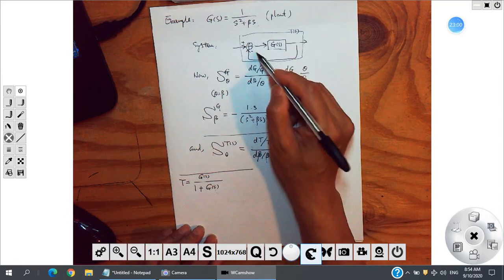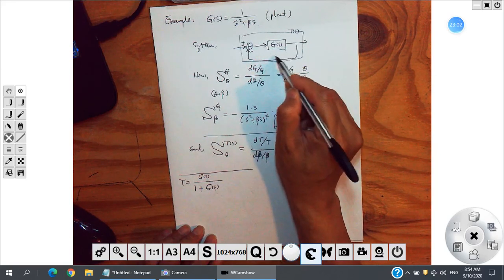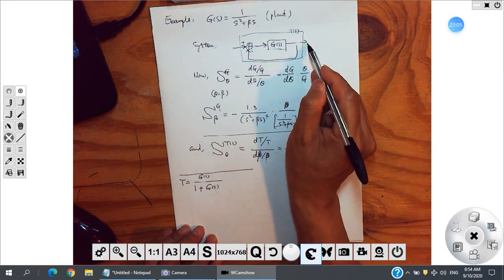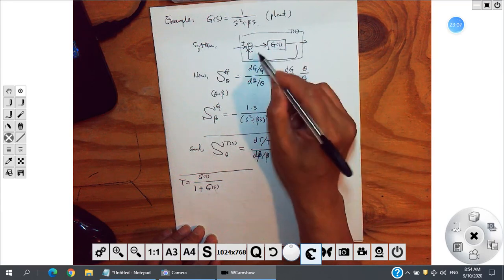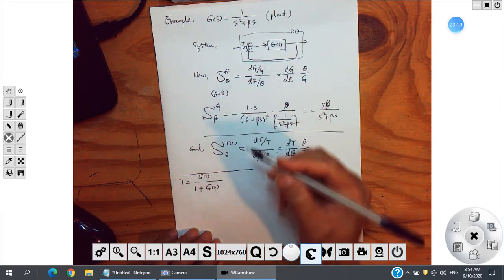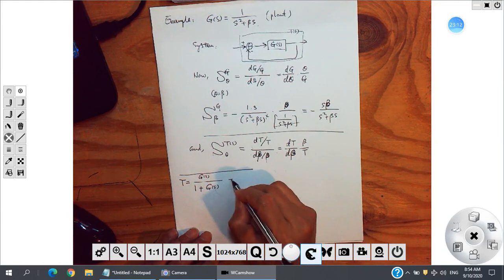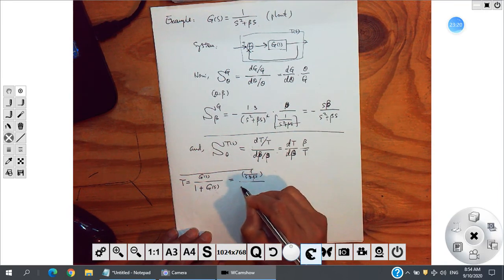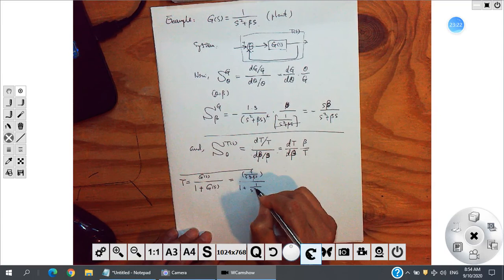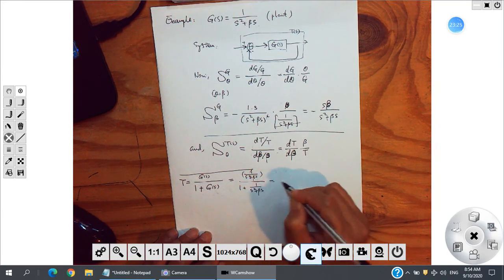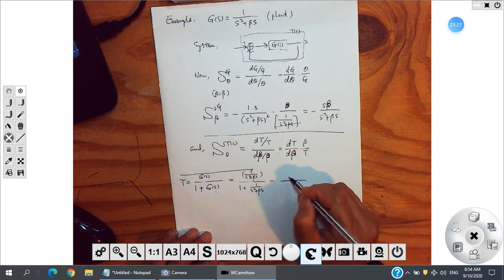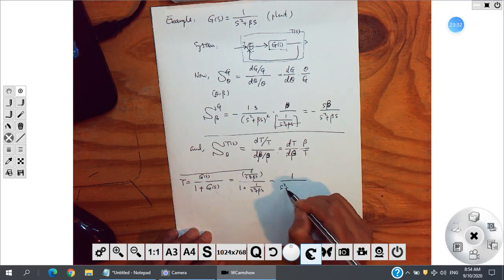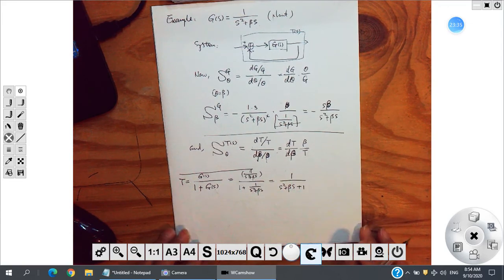Delta 1 is 1 minus all the loops that do not touch the path, but now the only loop touches the path, so we don't need that. Okay, T is this one, which is 1 over s squared plus beta s. This is the numerator, and the denominator is 1 plus 1 over s squared plus beta s. So this equals, multiplying s squared plus beta s on both numerator and denominator, so we have this. This is T of s.